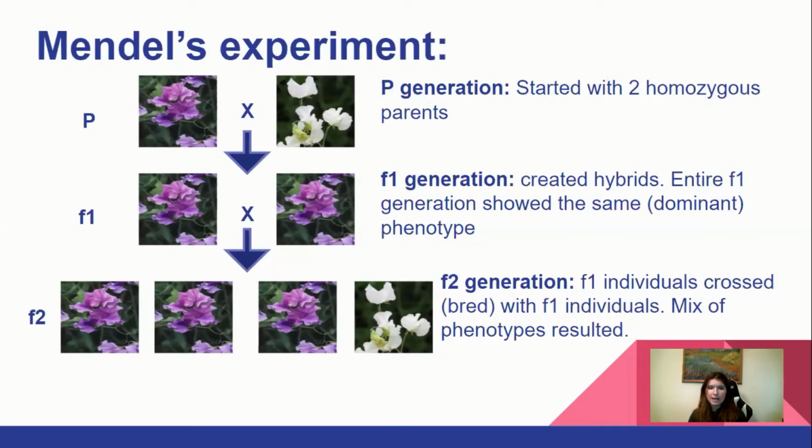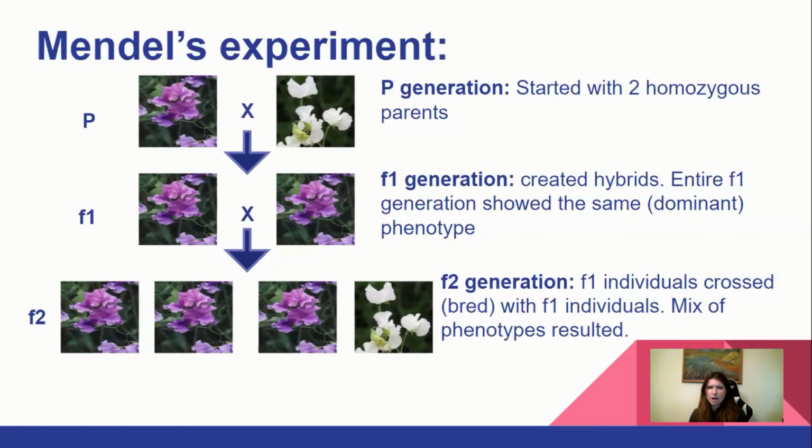Now, we now know that the reason for this is that dominant genes, dominant alleles, and in this case, purple, mask recessive alleles. So they hide them. So that's why we saw only purple individuals, because all of them had at least one purple gene. So from that purple homozygous dominant parent.